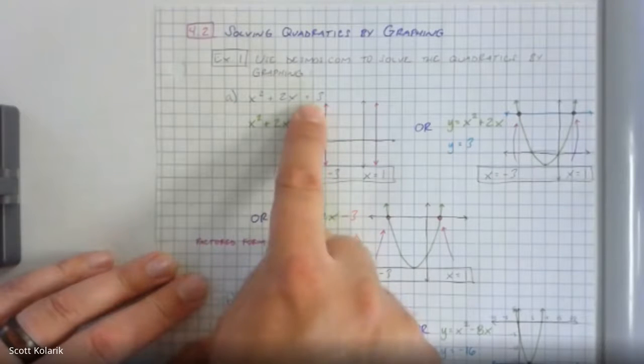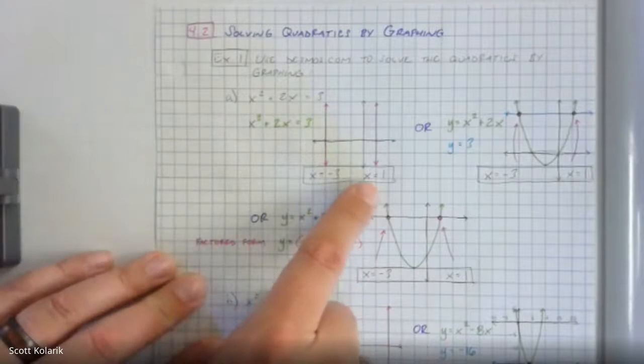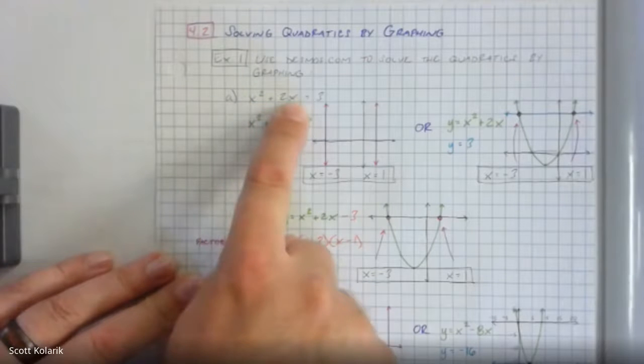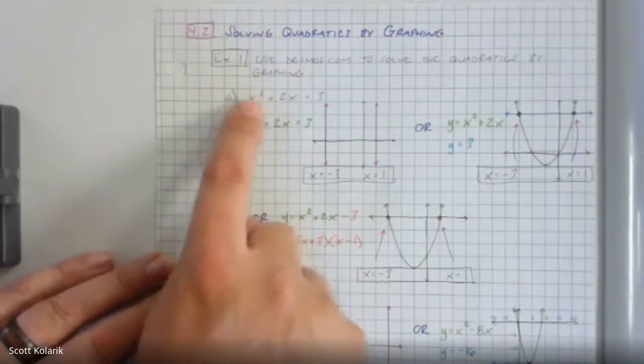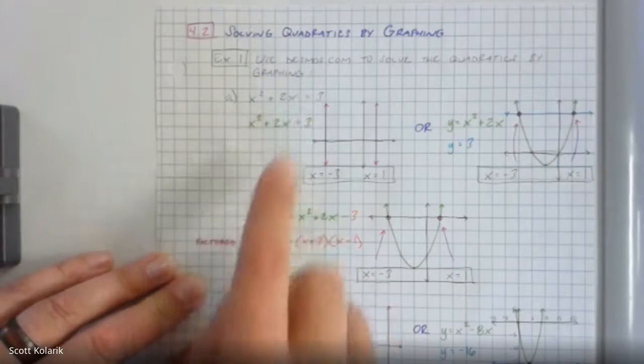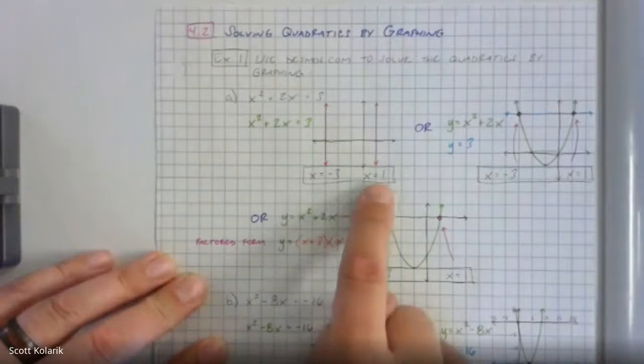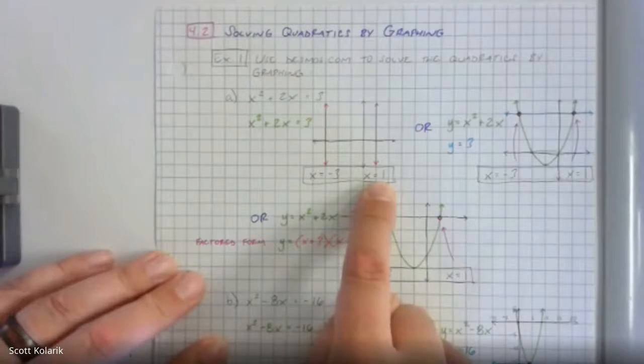Not every value I plug in for x here will work. Only a couple will. Now, that x equals 1, if I were to plug it in, I'd say 1 squared plus 2 times 1 equals 3, I'd end up getting 1 plus 2 equals 3. That makes sense. It's a logical statement. That means that positive 1 is a solution to that equation.